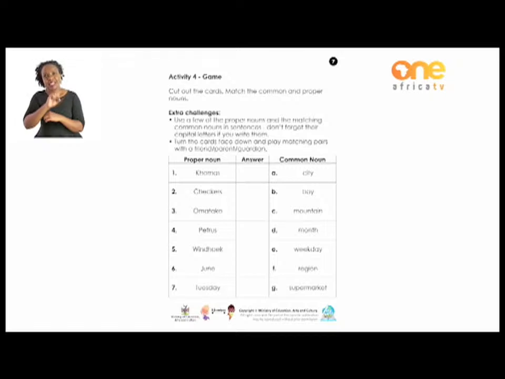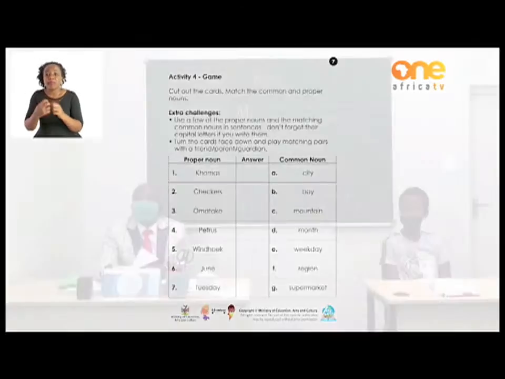So, you continue from number 3 up to number 7, finding the corresponding words. Remember, you first cut them out into cards, then you open them up and try to match them. Just like the example that I've given for commerce region and checkers supermarket. Okay, if you have problems, you should ask.